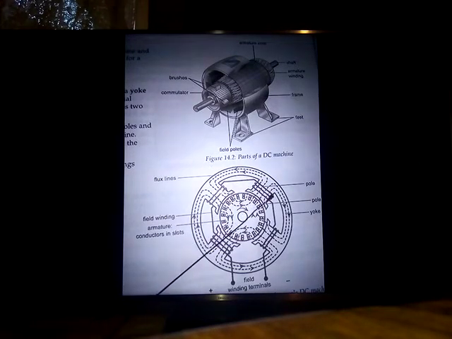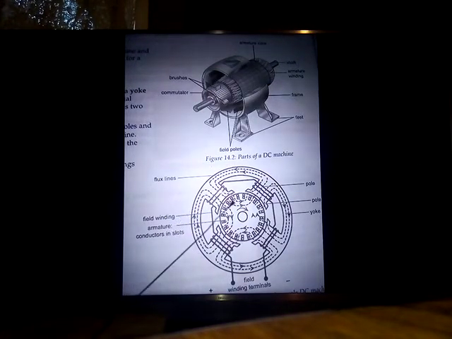Now the responsibility of the poles is the production of magnetic flux. On a permanent magnet, you know there is a magnetic field. Because these poles are going to be electromagnets, they will induce or give birth to a magnetic field. And there are a lot of lines.